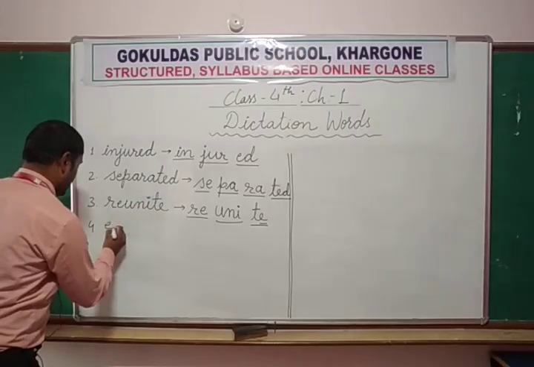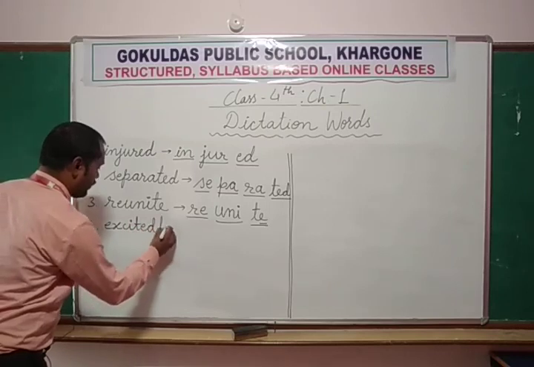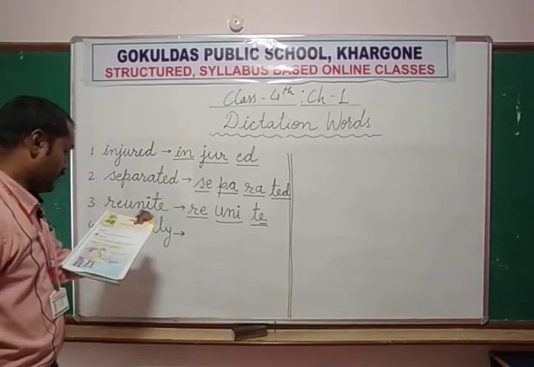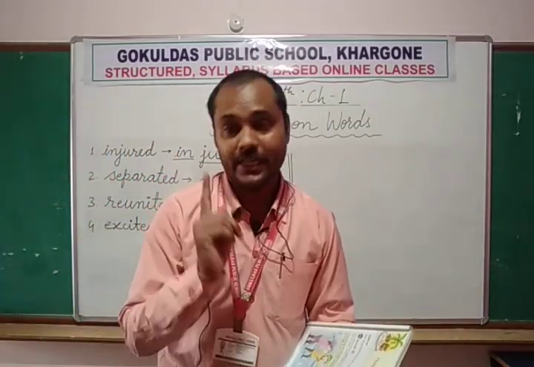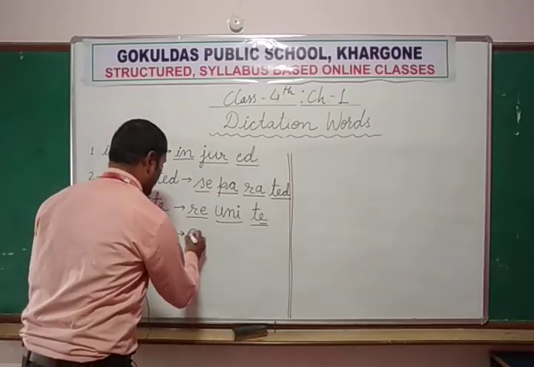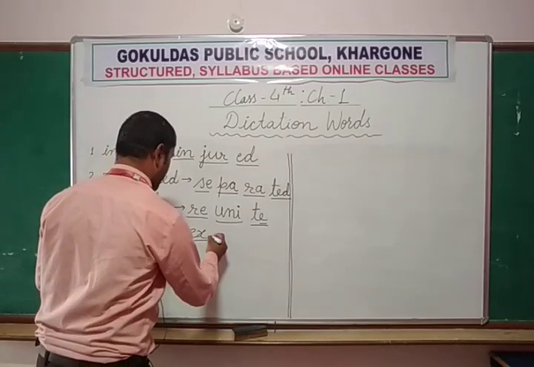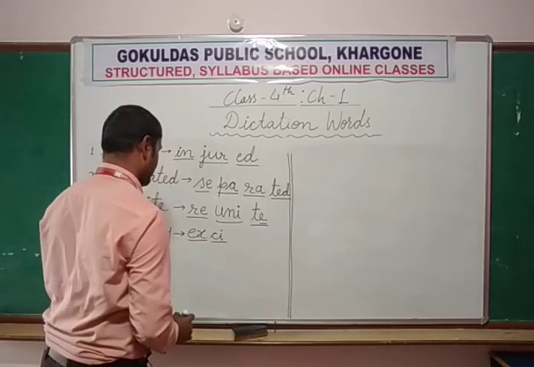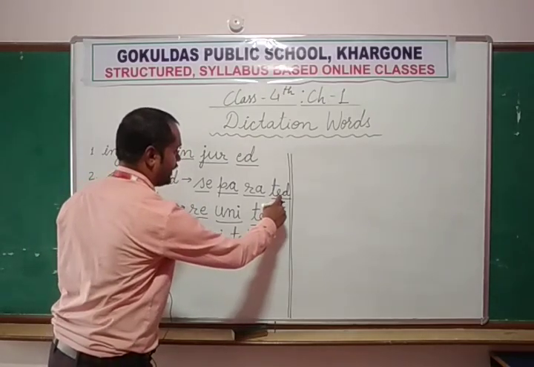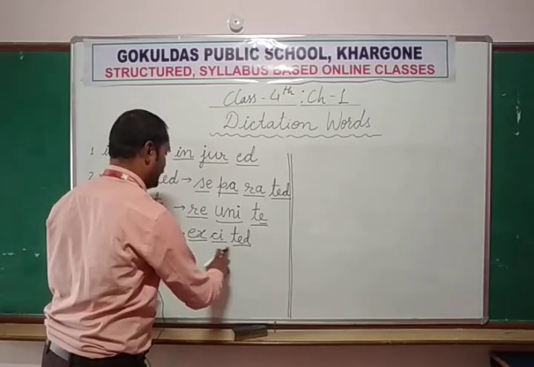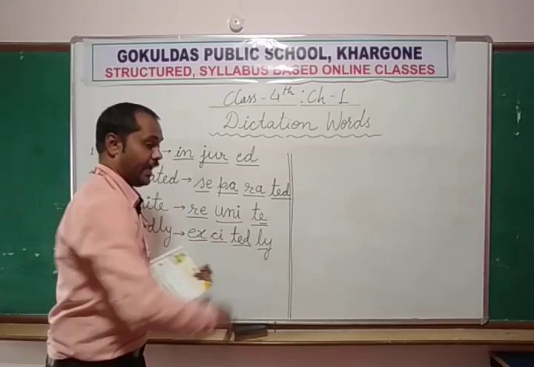Fourth word, excitedly. E-X-C-I-T-E-D-L-Y, excitedly. Okay. In this spelling, we have one silent letter also. E-X, X, ex, excite, TED, just like here T-E-D, ted, here also excited, L-Y, lee, excitedly.